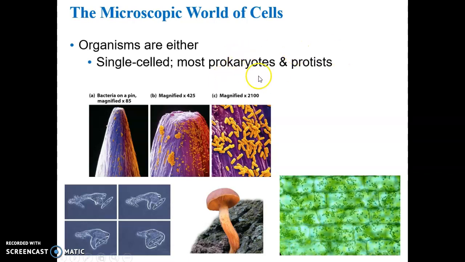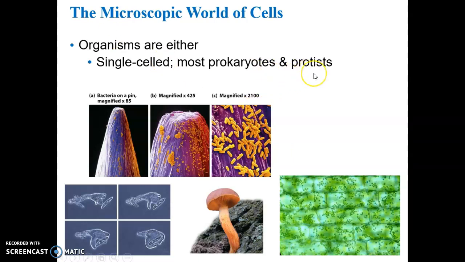And they are prokaryotic, meaning they do not have a nucleus within their cells. Relatively simple cells, but overall very successful groups because they've been around since the origins of life on Earth.